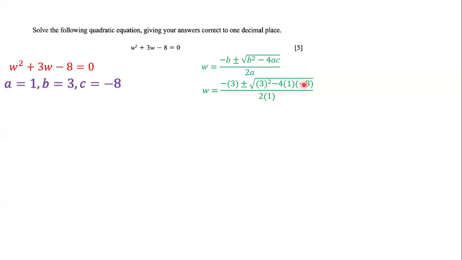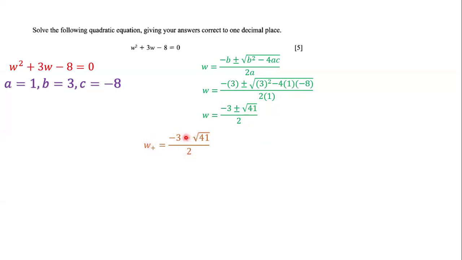Next, we evaluate the expression underneath the square root. We have 3 squared minus 4 times 1 times -8, and that gives us 41. So we have -3 plus or minus the square root of 41, all over 2. Then we have w positive, which is equal to -3 plus the square root of 41 all over 2.